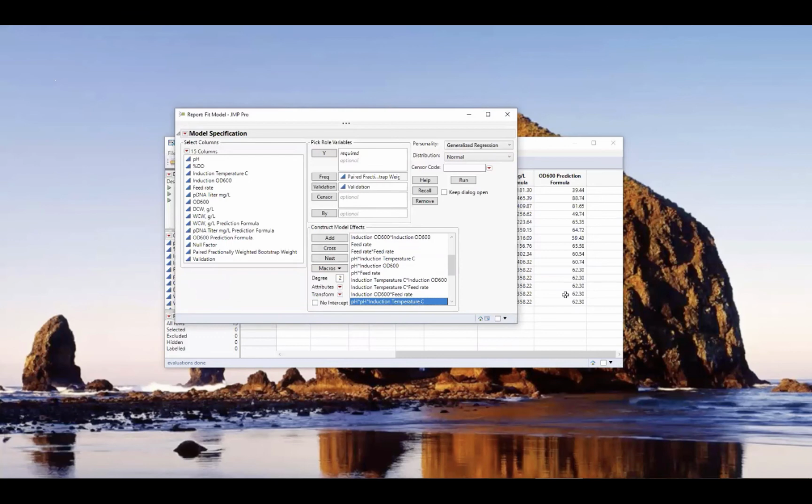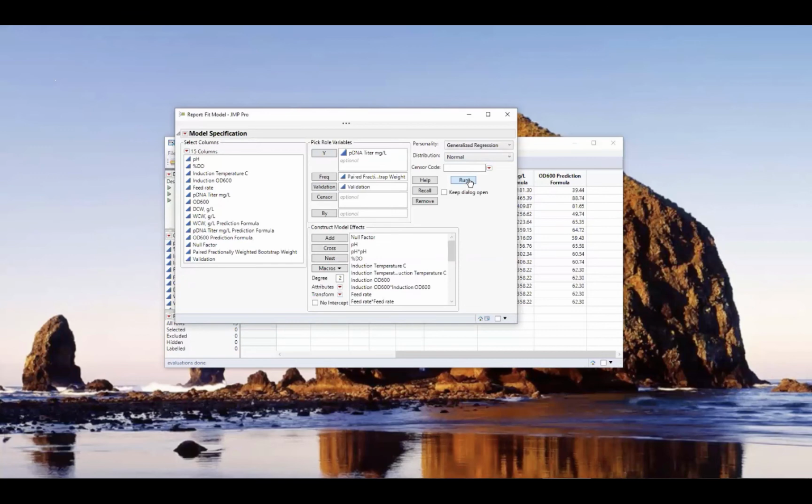Right there, here is an interaction of the pH squared with induction temperature. What these terms do is account for compound curvature, which is typically the type of behavior that you see in a real chemical or biological system. The full quadratic model itself cannot account for these changing amounts of curvature as you move about the space. And our response is the titer of pDNA in milligrams per liter.